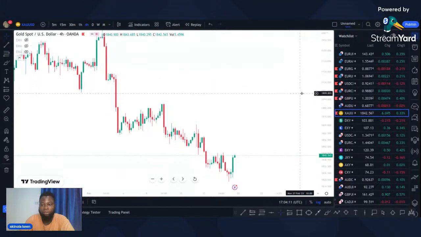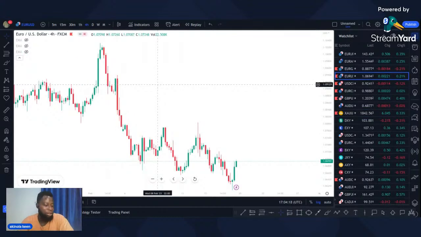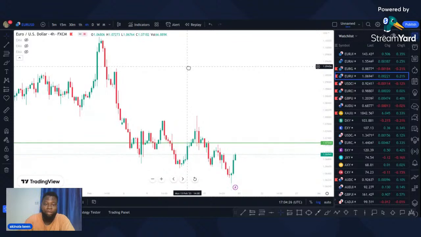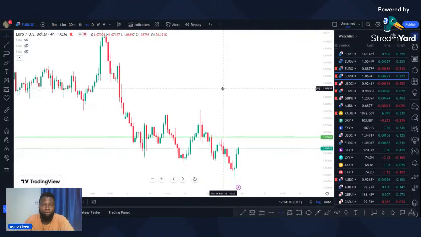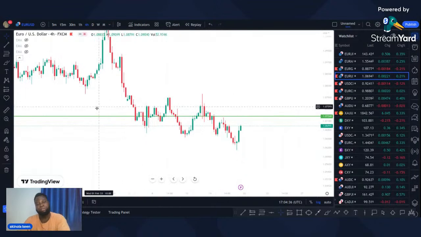This week, first of all, the pair we are going to be checking is the most traded currency pair, which is EUR/USD, the Euro against the US dollar. What you can see on my screen is the 4 hour chart on EUR/USD.